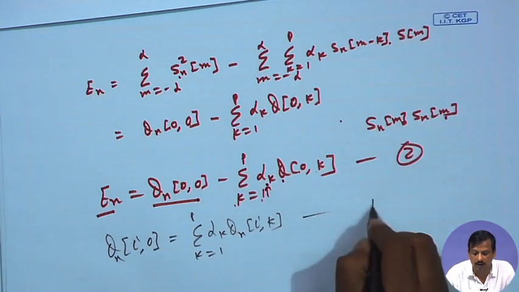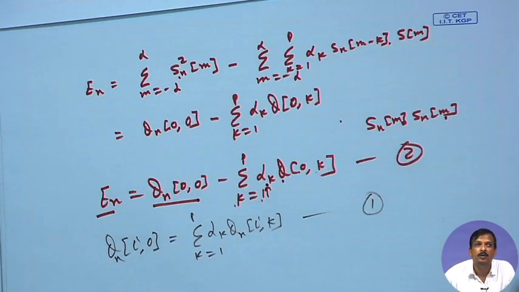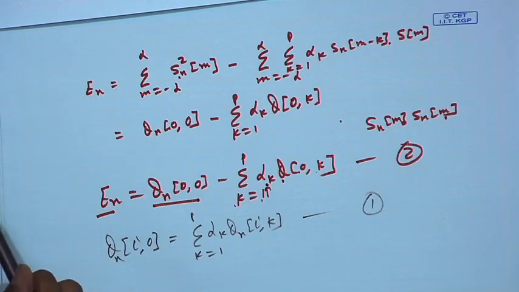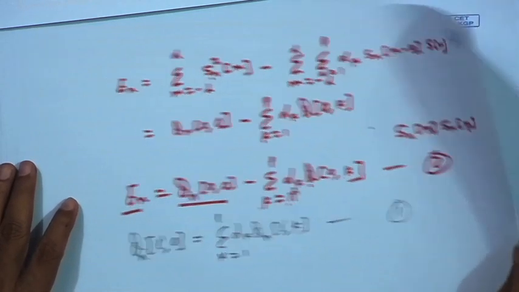Okay, this one we have already derived. So, using these two I have to find the set of values, or solve that matrix. The first method is called the autocorrelation method.